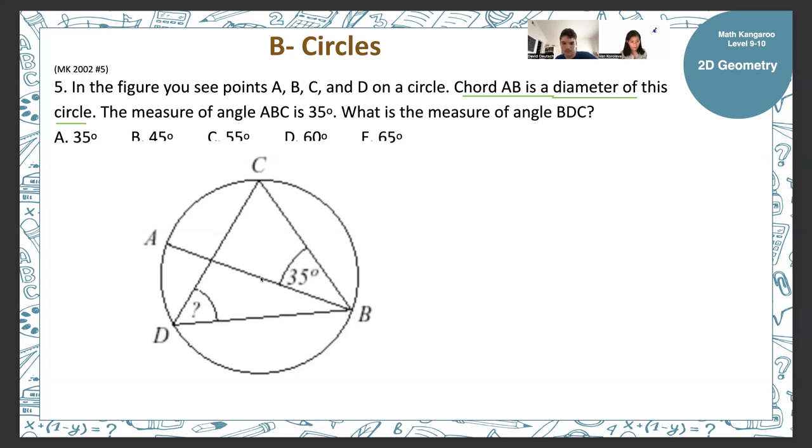I may even mark O here. You don't have to draw much. So just mark O here so that you know that AB goes through the center of the circle.